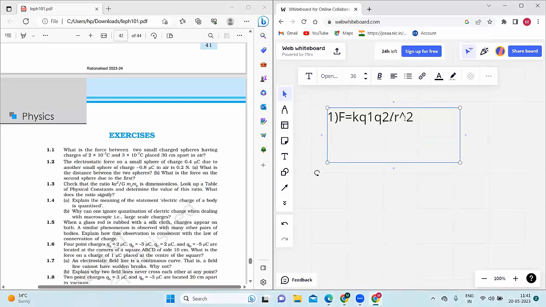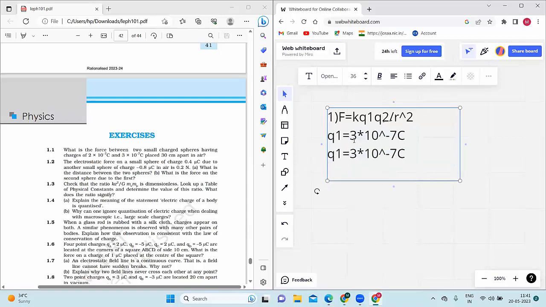So we have the following information: q1 is 2 into 10 power minus 7 coulombs, and q2 is 3 into 10 power minus 7 coulombs.